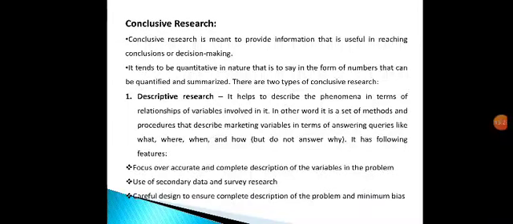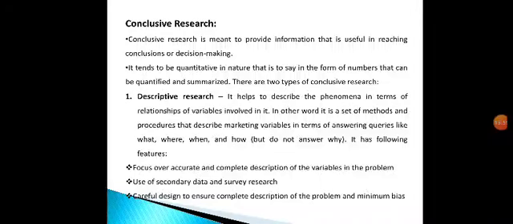And the important characteristics of descriptive research is, this type of research basically focuses on accurate and complete description of the variables in the problem. As the name suggests, descriptive research focuses on complete description. And secondly, it uses secondary data and survey research.